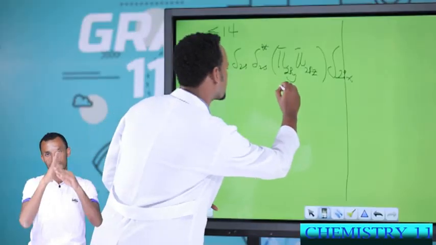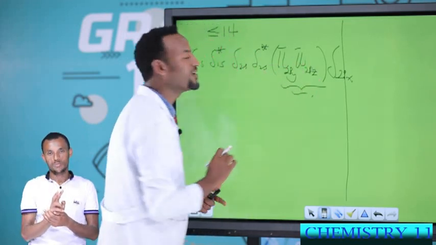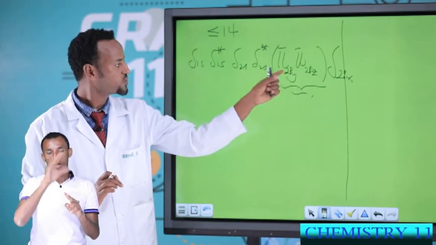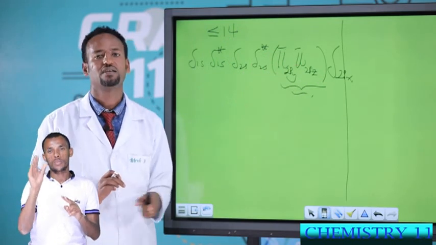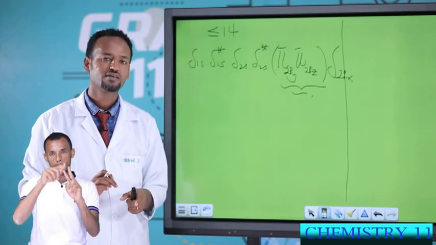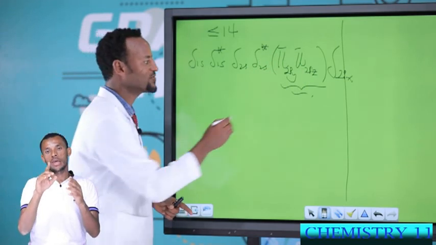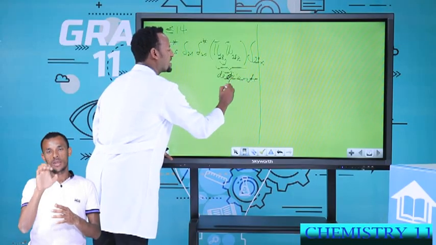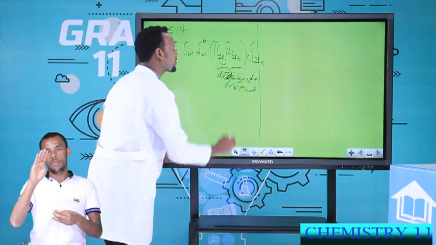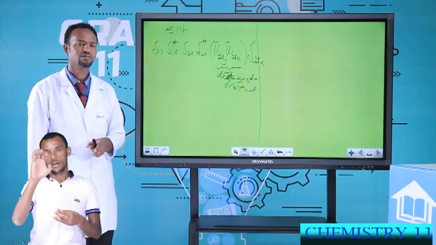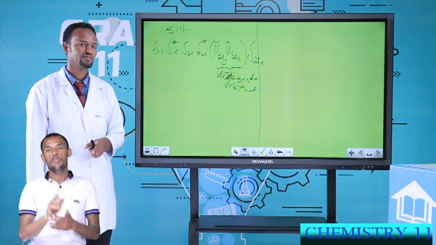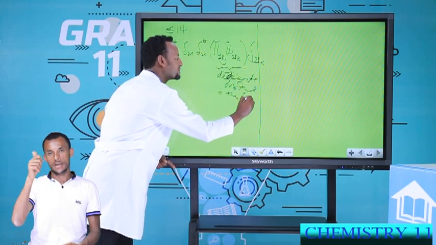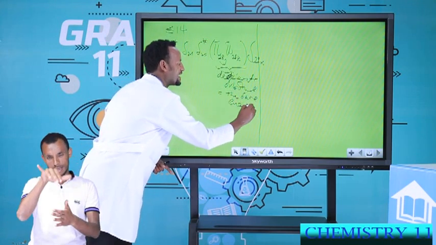By the way, what are pi 2py and pi 2pz known as? Degenerate orbitals. Students, what is meant by degenerate orbitals? Degenerate orbitals means the same energy level.